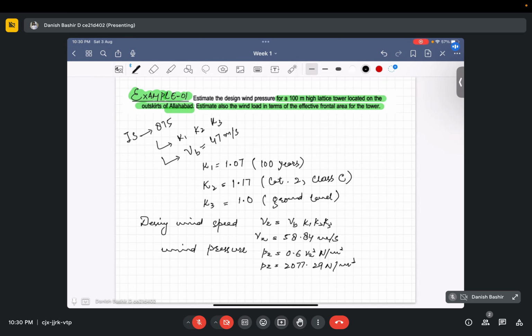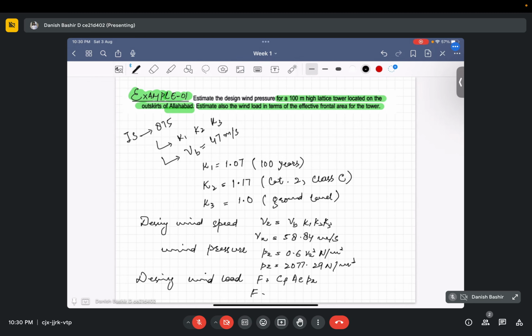So design wind load will be given as F equals CF times frontal area AE times design wind pressure PZ.